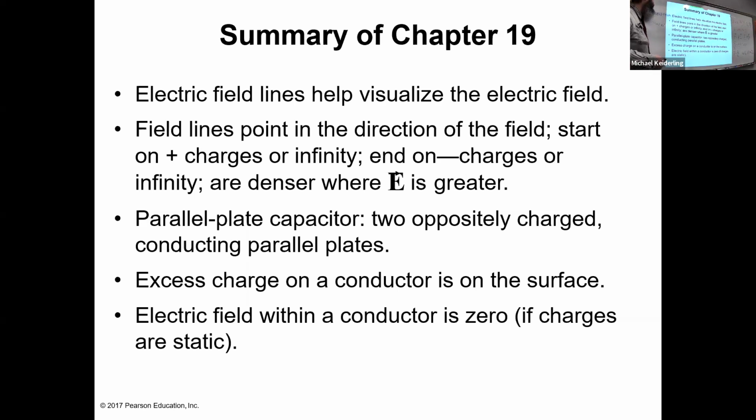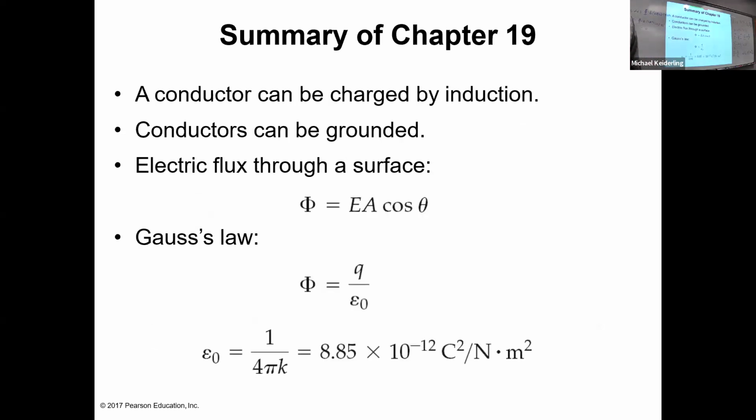Parallel plate capacitors are two oppositely charged conducting parallel plates. The excess charge on a conductor is on its surface. The electric field within a conductor is 0 if charges are static. And a conductor can be charged by induction, can be grounded. The electric flux through a surface is electric field times area times the cosine of the angle.